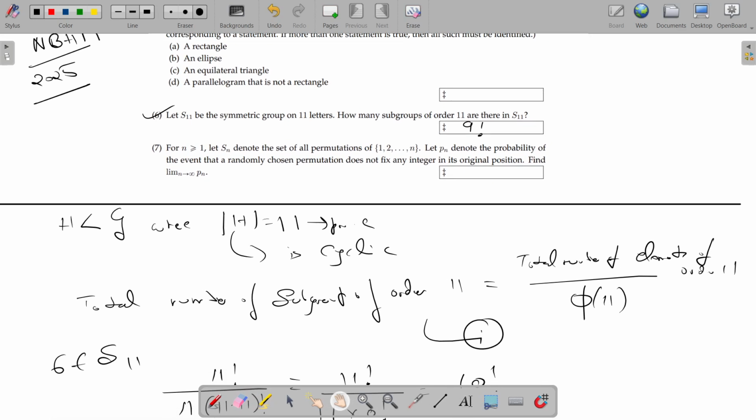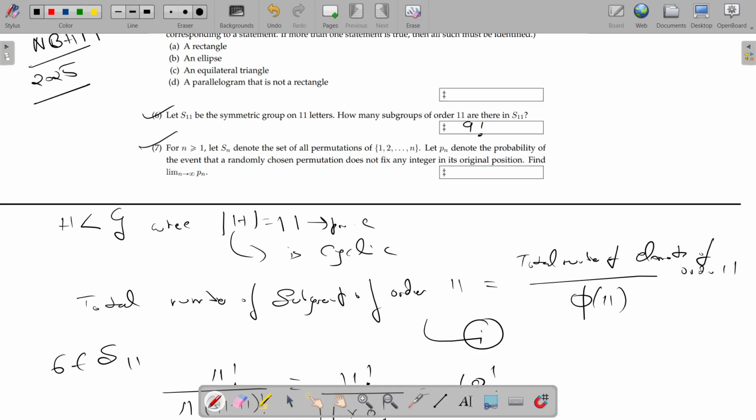Now let us try another question. Now this is a pretty nice question. Let me read the question first. It says that for n greater than or equal to 1, let Sn denote the set of all permutations. Basically it's a symmetric group of order n factorial.